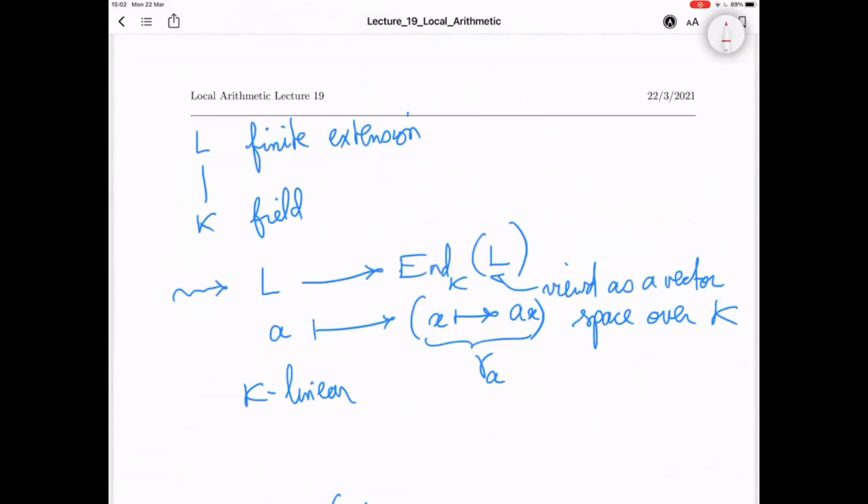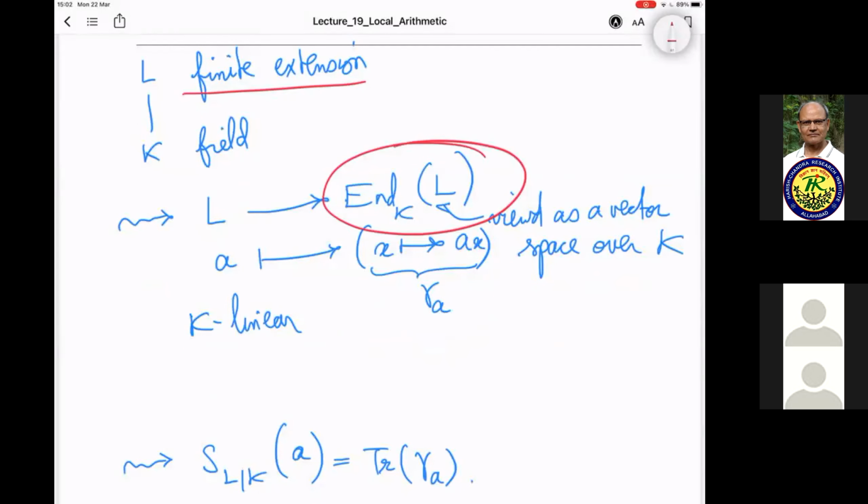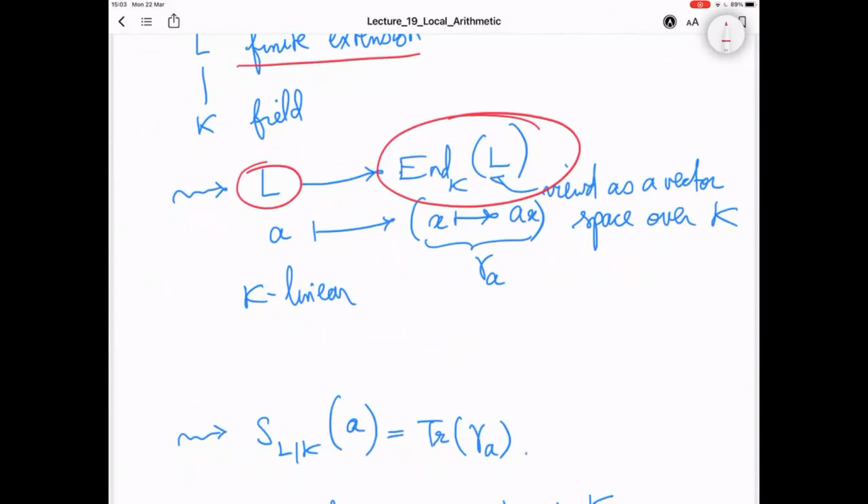Now, instead of having a finite dimensional vector space, suppose I have a finite extension L of K. Then I can consider it as a vector space, and I'll get the ring of endomorphisms here. And there's a mapping from the extension L to this ring of endomorphisms, which is not just K-linear, but actually a homomorphism of K-algebras.